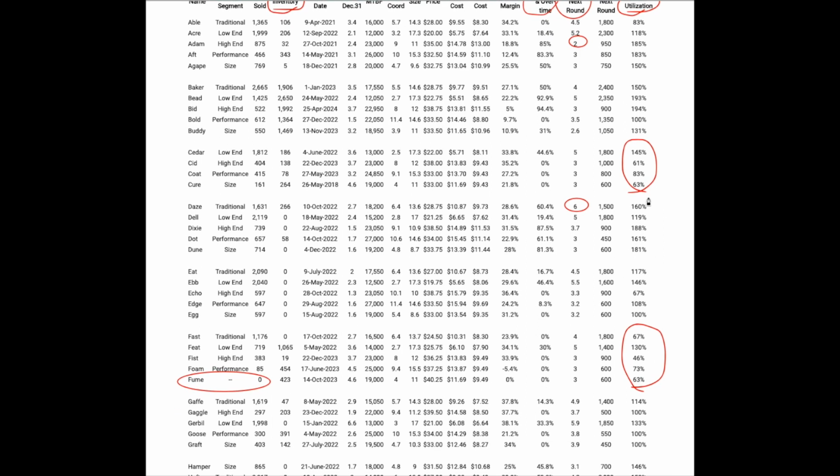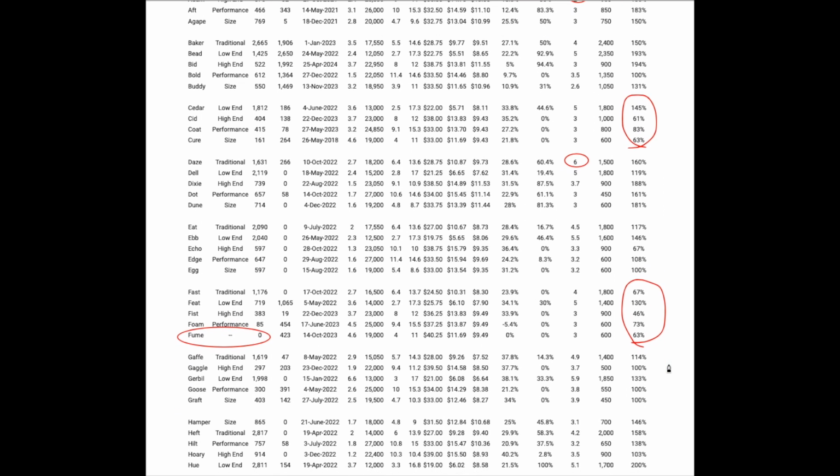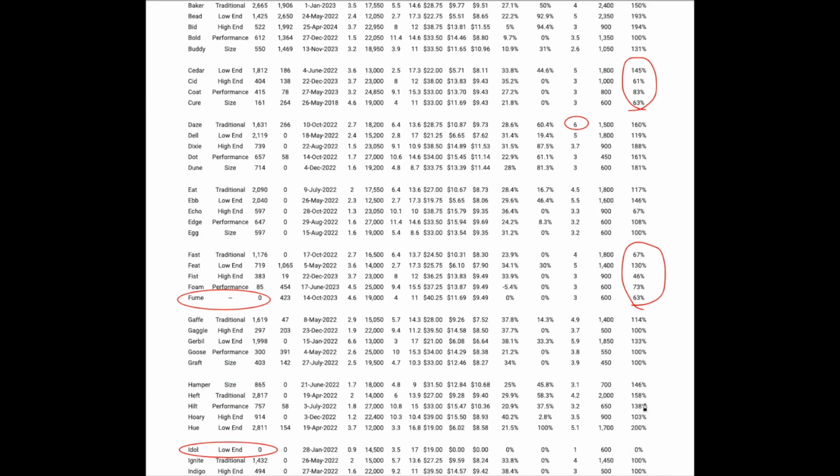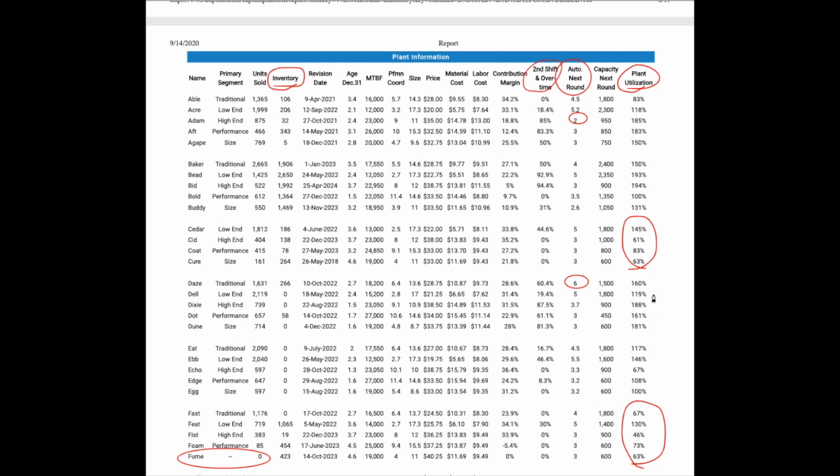Like Team Chester and Team Ferris, and also Jasper, probably need to pay attention to your plant utilization. At the same time, you can also see some teams have over 100 production. That is totally okay. The plant utilization is best between 140 to 180 to reach the maximum productivity.